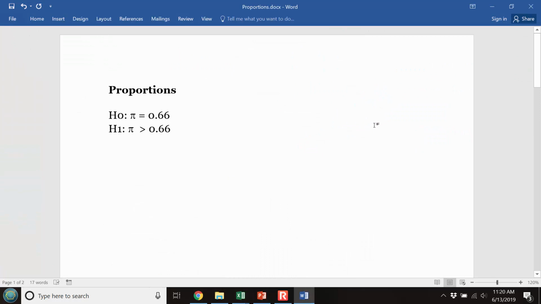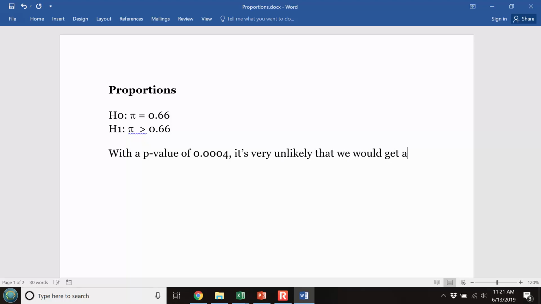We were only looking for a difference in one direction. So I'm not going to do a complete conclusion, but I'm going to start with a p-value of 0.0004. It's very unlikely that we would get a p-hat of 0.71 or larger if pi was still 0.66.